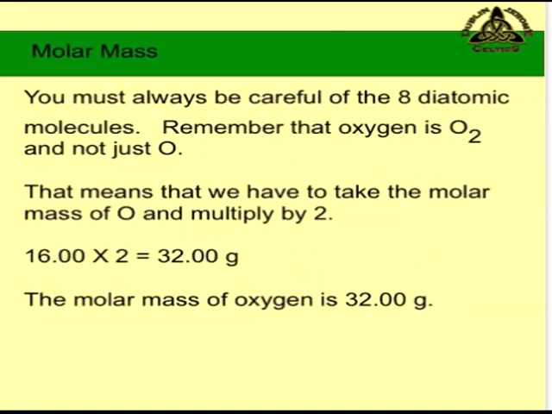It's in the top right-hand corner. It has an atomic number of 8, and you'll notice that the molar mass of O is 16.00 grams, but O2 would be twice that value. So the molar mass of oxygen is 32.00 grams.